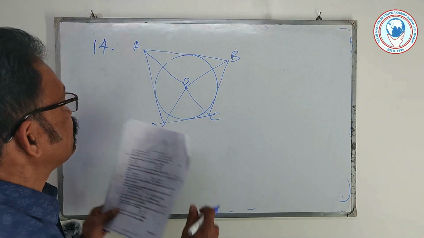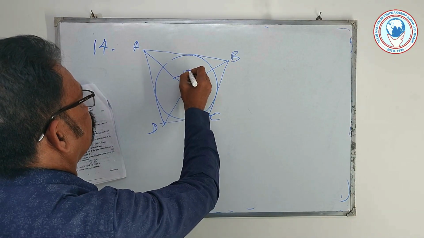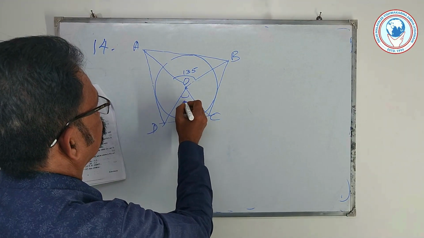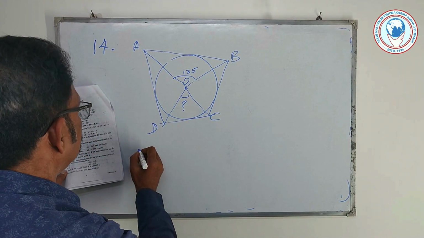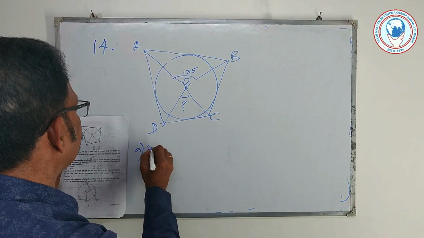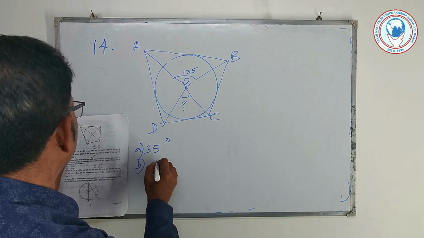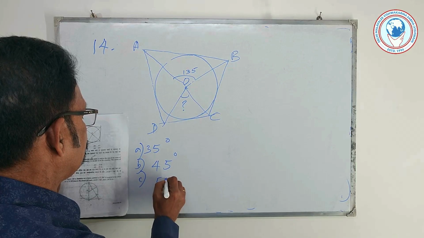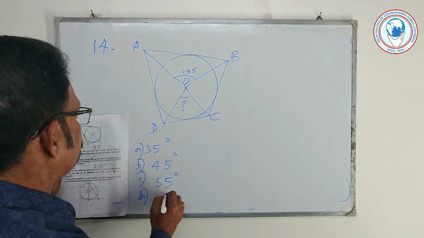Given angle AOB is equal to 135. Now COD. Options given are A 35 degrees, B 45 degrees, C 55 degrees, and D 65 degrees.